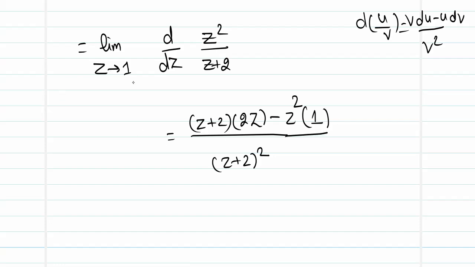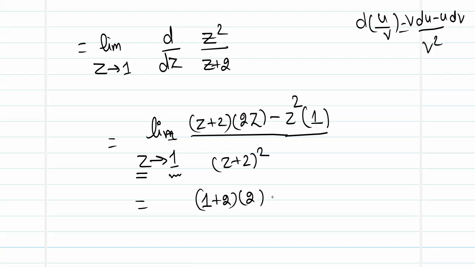Now what I have to do to my derivative? I will have to apply limit z tending to 1 to my derivative. When I apply limit z tending to 1, wherever I have z, that gets replaced by 1. So this becomes (1 plus 2) into 2 times of 1 is 2, minus 1 the whole square, that makes it as 1 divided by (1 plus 2) the whole square.